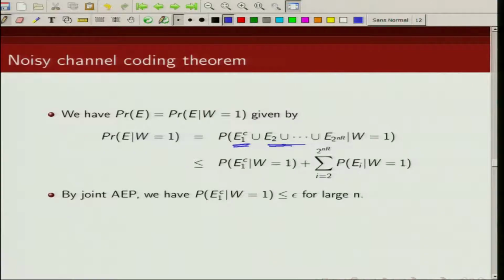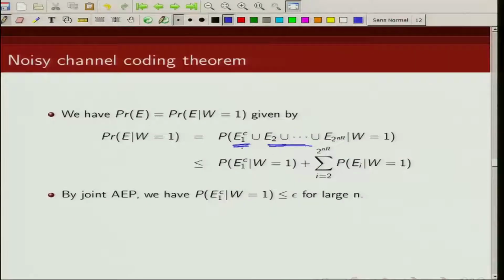an error can happen if any of the other indices which were not sent is jointly typical with the received sequence y^n. So for example, if y^n is jointly typical with x^n(2) or x^n(3), then there is an error because index 1 was sent.